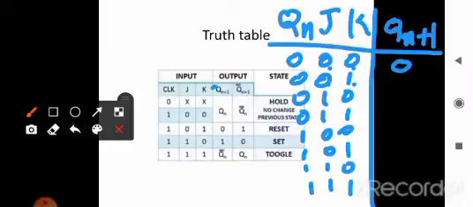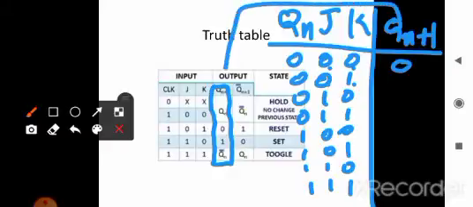So when J is equal to 0 and K is equal to 0, it will be equal to Qn, and the value of Qn here is 0. When J is equal to 0 and K is equal to 1, what will be the value of Qn plus 1? Qn plus 1 is 0.